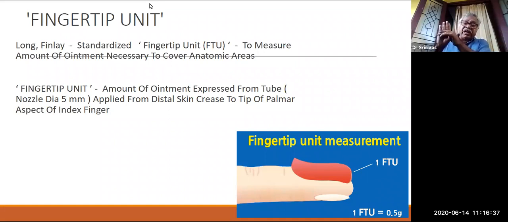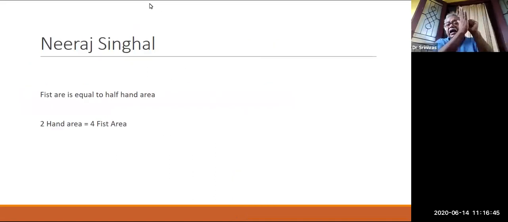Since only your lesions are this big, you require 1/4 of a unit. And to explain this further, we tested a fist area. We found that 1 hand area is equal to 2 fist areas. We did the measurements and all. So we tell them that the lesion is 1 fist size, so you require 1/4 of the fingertip unit for application.